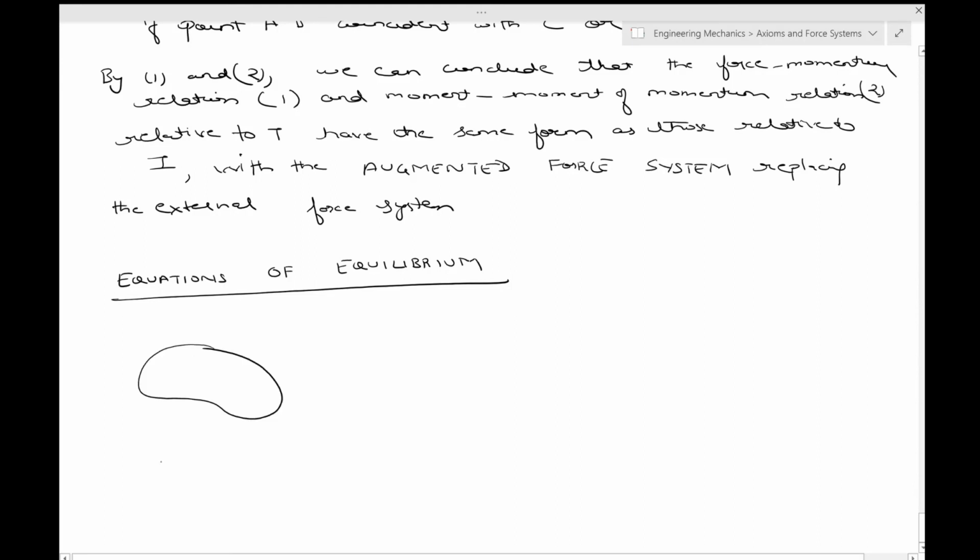I draw this body like this of a weird shape so that you don't get an idea that it should be like a perfect cube or a cuboid and something like that. It can be of any shape. So this body has this part P1, P2, Pi, it has a mass Mi, it has Pn.